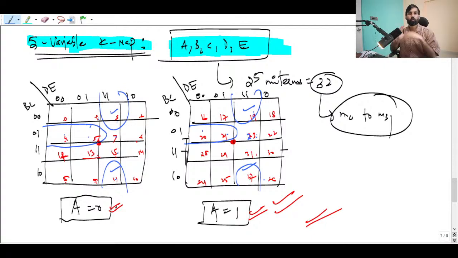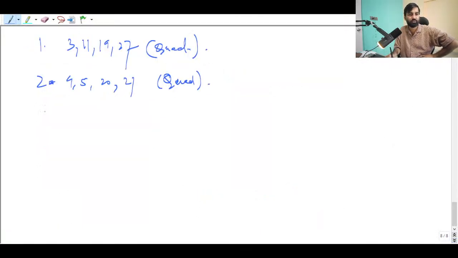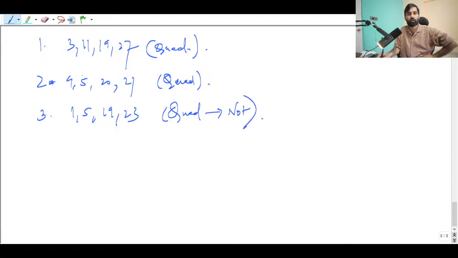From the starting to the second cell, if you look at 1, 5, and from last, 19 and 23, that is not a quad. Never combine in quad. 1, 5, 19, 23. These are the observations. Not a quad.